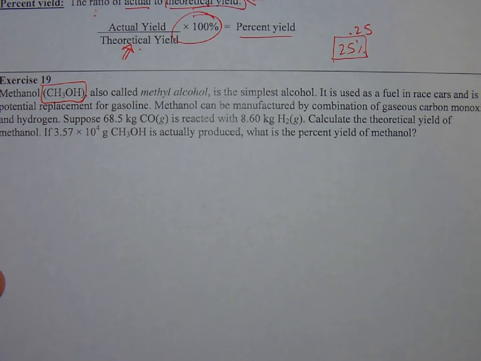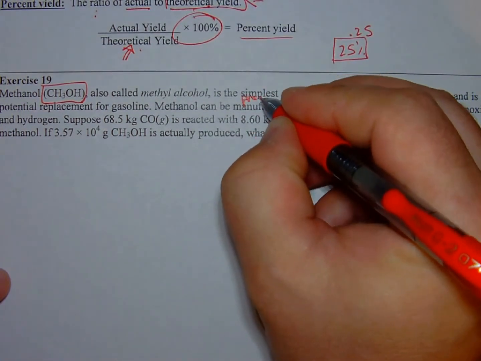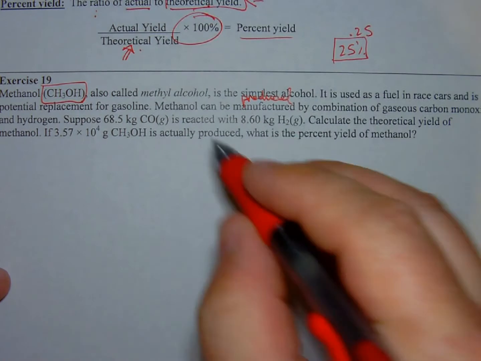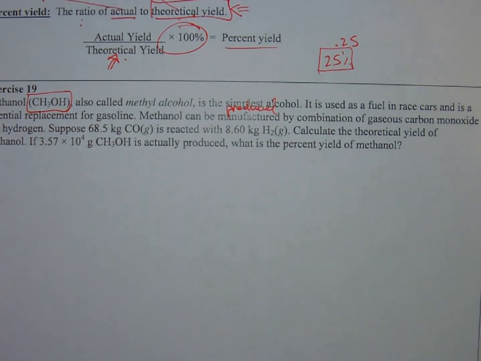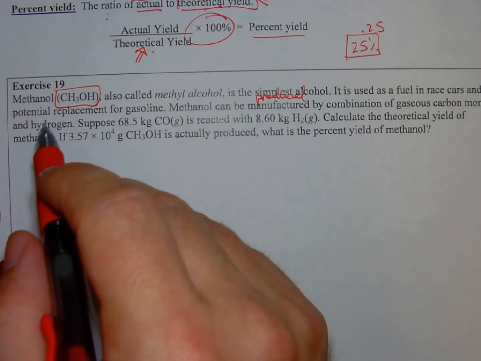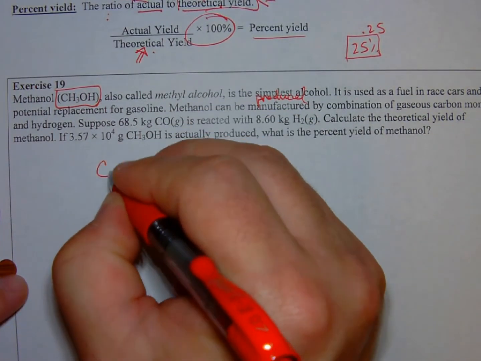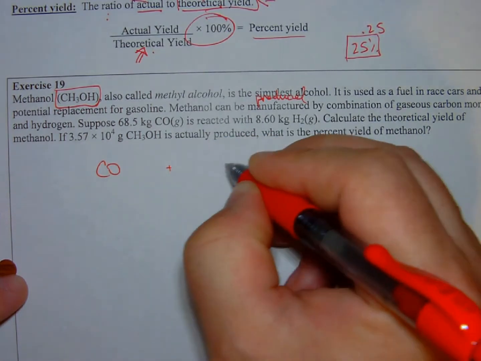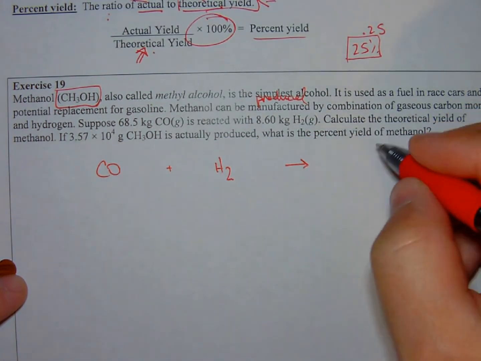Methanol can be manufactured, meaning produced, meaning methanol is a product, by combining gaseous carbon monoxide, a reactant, and hydrogen, a reactant. Fair enough? So we're going to combine CO and H2, and we're going to make this methanol.